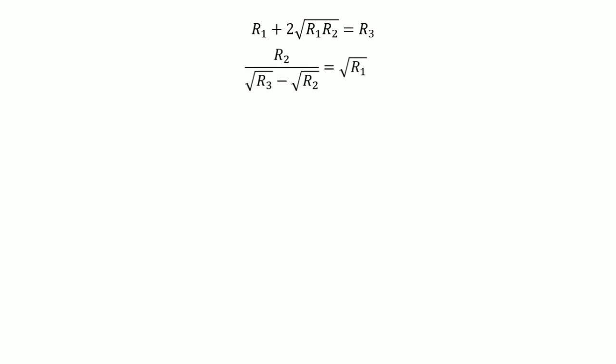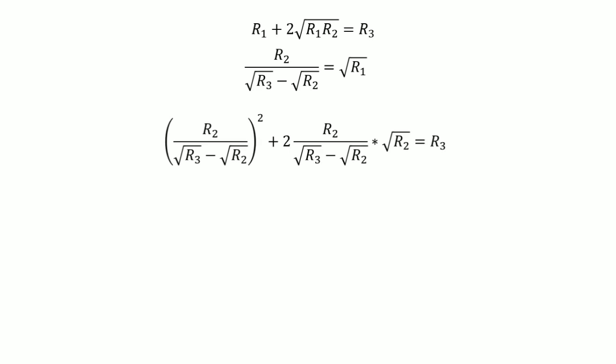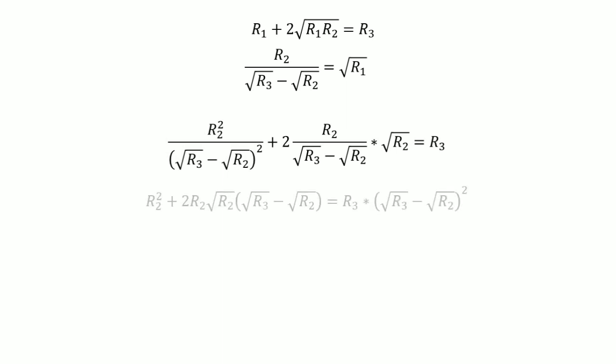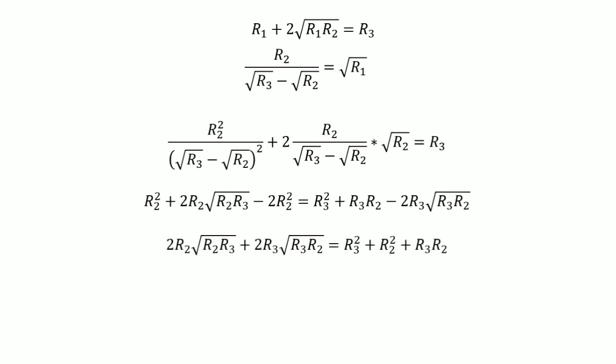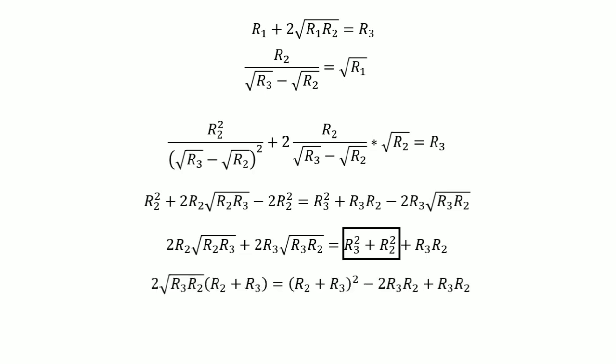So putting the values, we get this, and this is also written as this, and using the a minus b whole square formula and taking the LCM, we get this, and again opening the parenthesis, we get this. Now we make it in a simpler way, so we get this, and from the LHS side take 2 under root r2 times r3 as common, and from this term use the reverse of the a plus b whole square formula, so we get this.